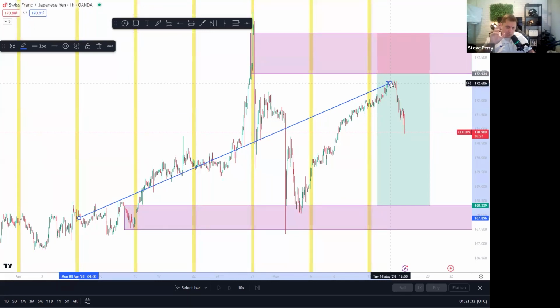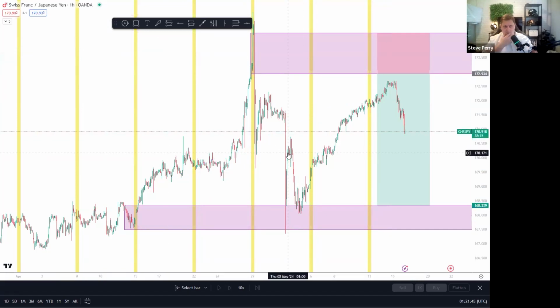The modified martingale works really, really well because when the banks get their way, everything just goes in your favor big time. So I think this is one where you look at the COT scanner and you see a consistent selling agenda or a buying agenda.